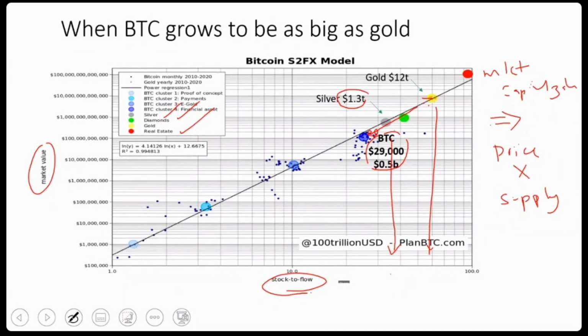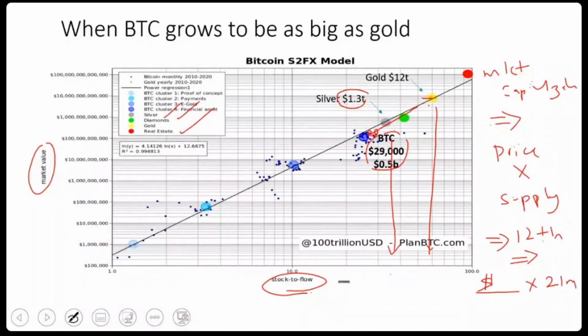So in this instance, if I were to assume that Bitcoin has a market cap of 12 trillion, can I then derive the price of Bitcoin, given that I know the supply of Bitcoin?